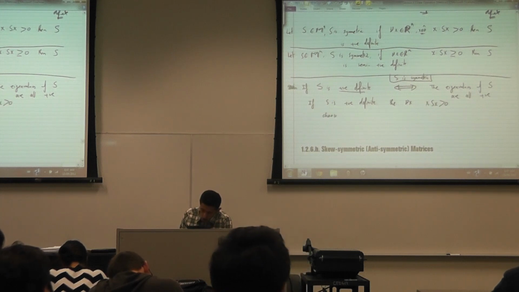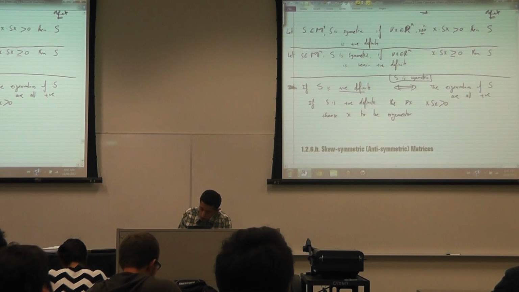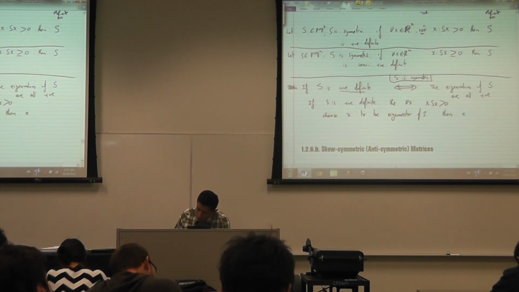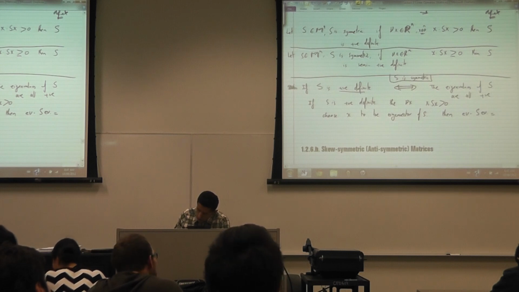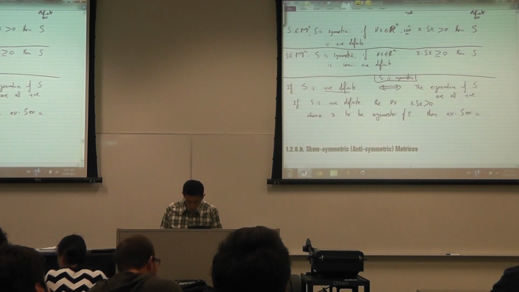Choose x to be an eigenvector of S. Then S times the eigenvector is equal to eigenvector dot lambda eigenvector.